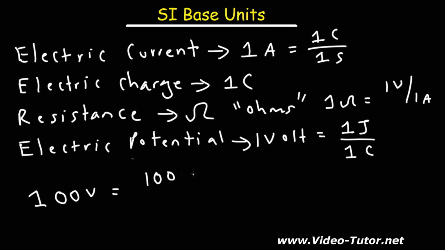It can mean that you have 100 joules of electric potential energy per 1 coulomb of charge, or it can mean that you have 1 joule of electric potential energy per 0.01 coulomb of charge. There are many ways in which you could see that. So that's electric potential. It's the ratio of energy to charge.